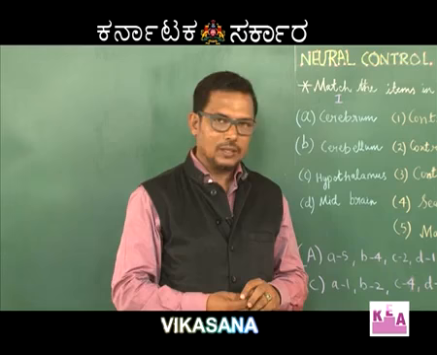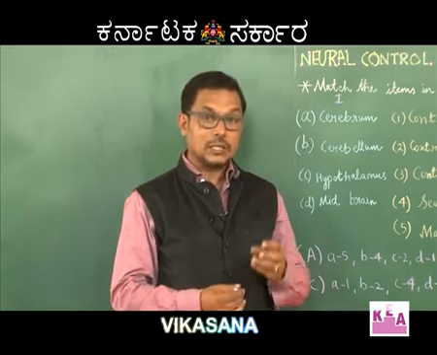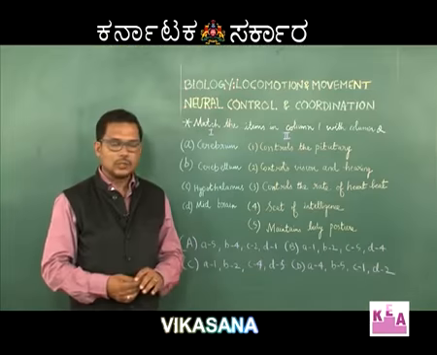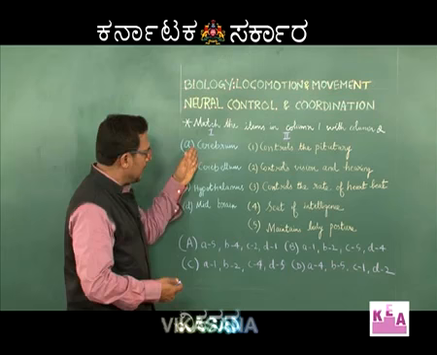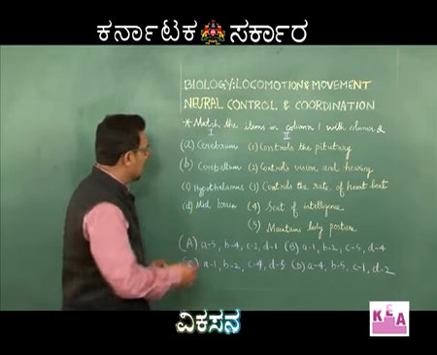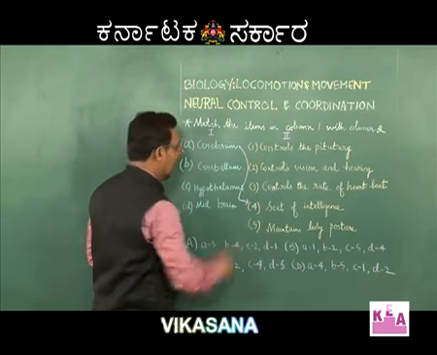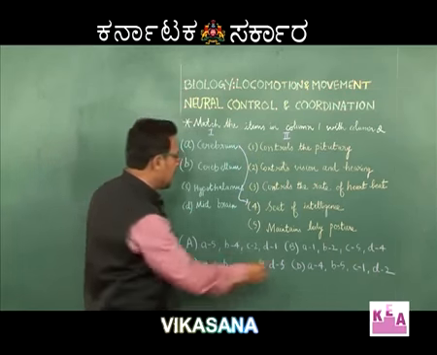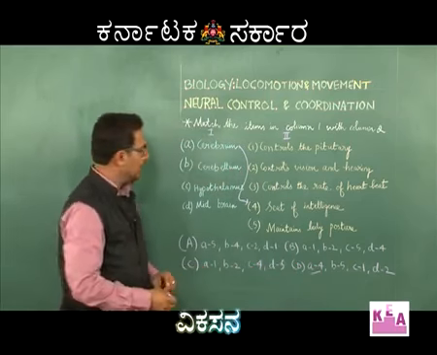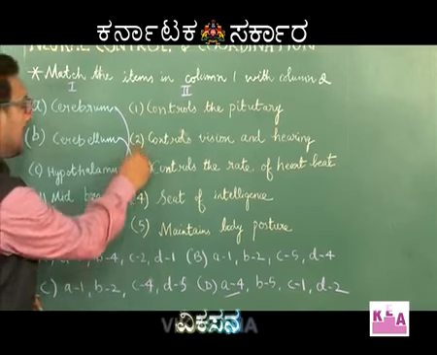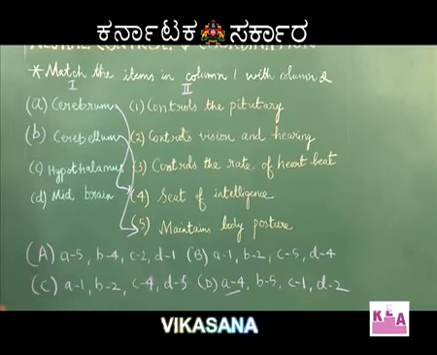Pituitary is master gland, which is master endocrine gland. That master endocrine gland is under the control of hypothalamus, and midbrain is a region where there is associated function like vision and hearing. So, here if you match the various parts of the brain with the functions, cerebrum is a seat of intelligence, A4, we have A4 in option D. Cerebellum is a region which maintains body posture, that is B5.